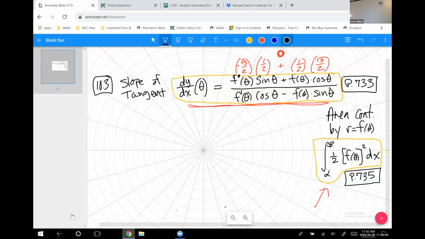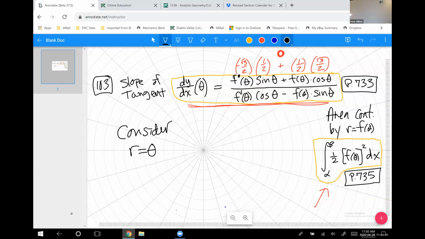One of the examples I did to start was a very simple polar equation, when you have r equals theta. That's like x equals y. You just set the two variables equal to each other.